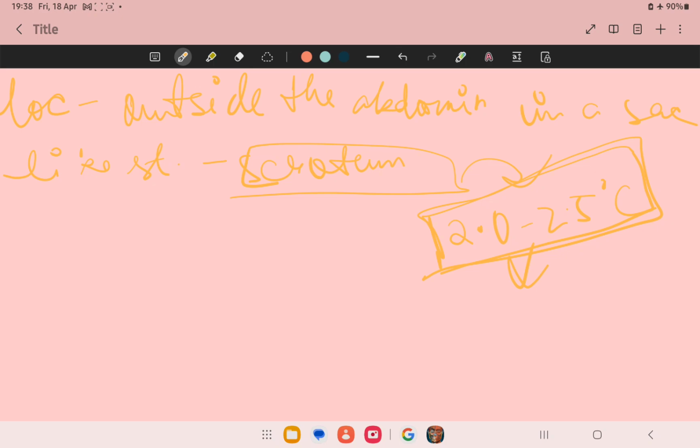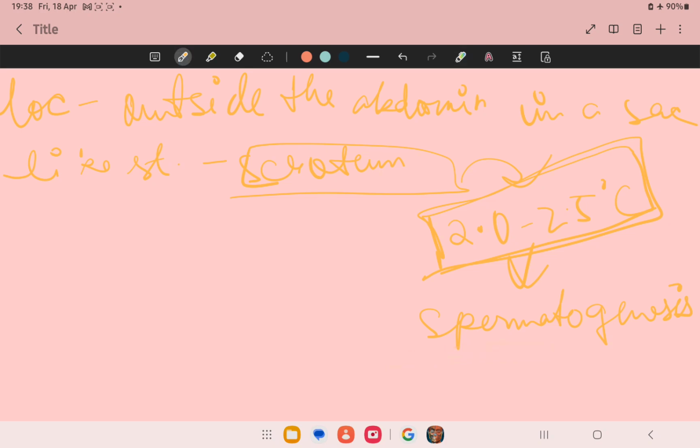Spermatogenesis is the process through which sperms are produced. So the scrotum maintains a temperature 2 to 2.5 degrees Celsius lower than body temperature, which is necessary to conduct spermatogenesis, meaning the production of sperm.